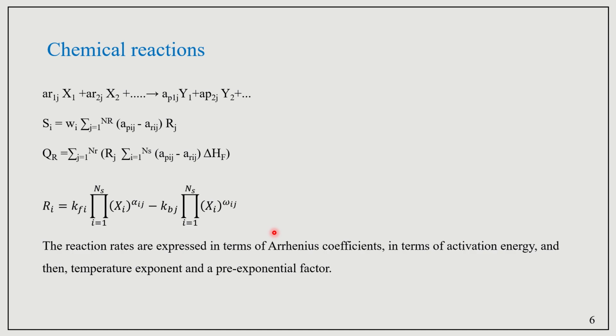So for chemical reactions, Kfi equals Af into T to the power beta fi into exponential of minus Efi by RT. That is, the Arrhenius coefficient is expressed in terms of activation energy, temperature exponent, and a pre-exponential factor. So all these things are coming.